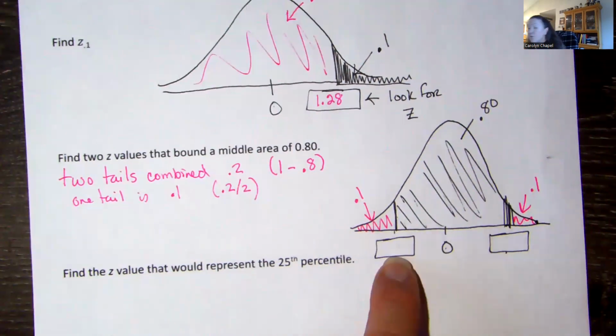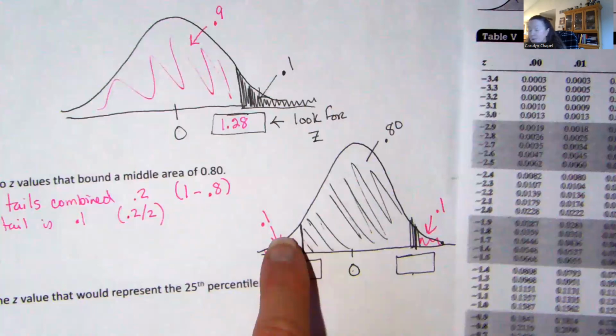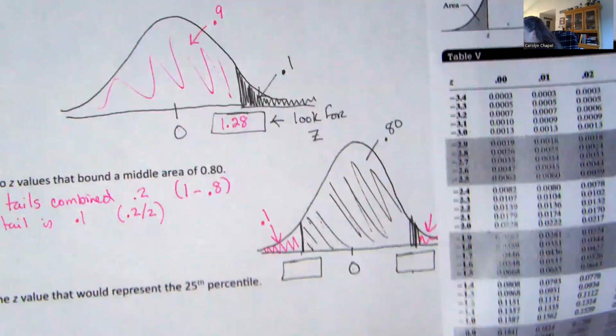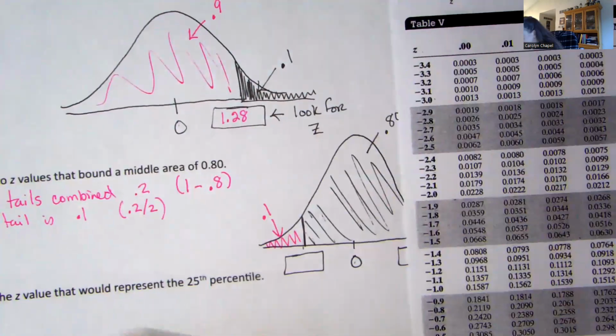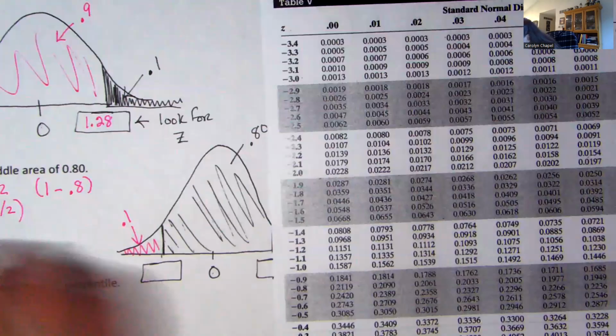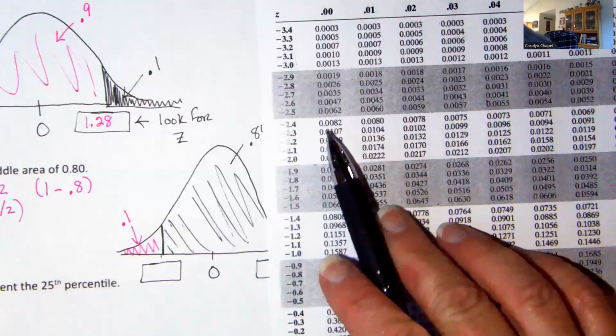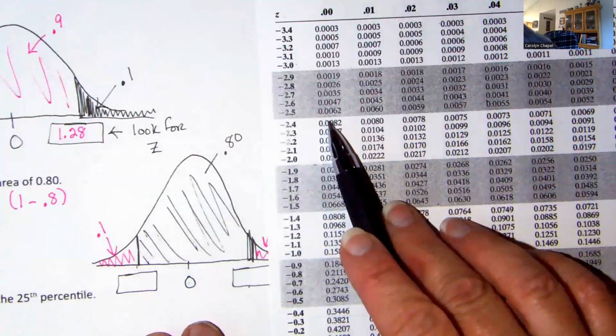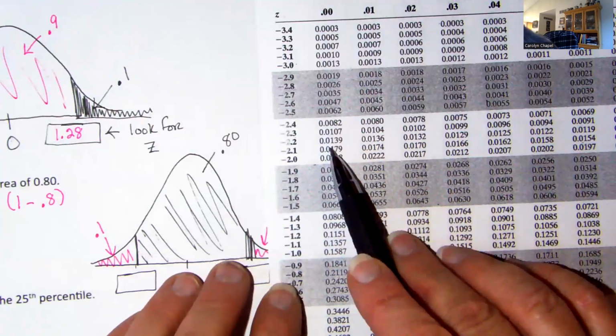Okay. I'm going to go for this guy down here, which could be a negative. So I'm going to be looking for 0.1 inside my curve. All right, so 0.1. Let's see.